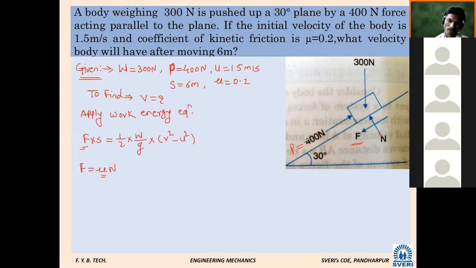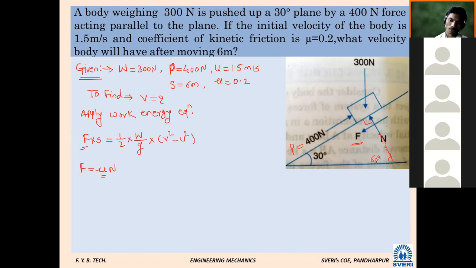What will be the angle made by this normal reaction with the horizontal here? With the horizontal, 60 degree. As here is 90, here will be 60.